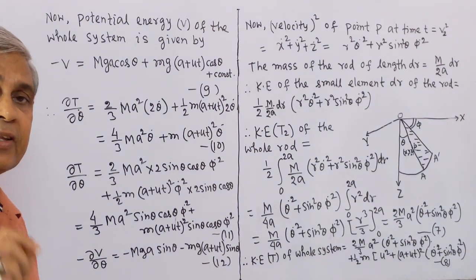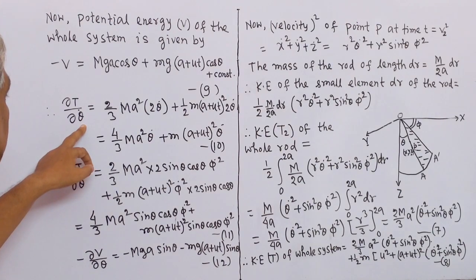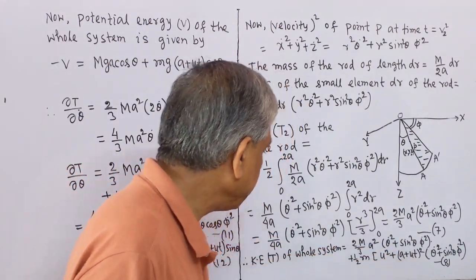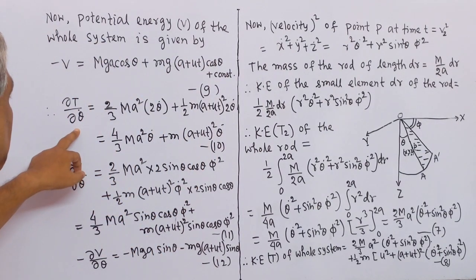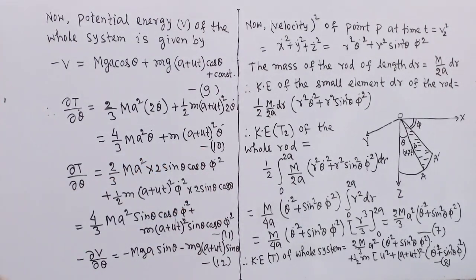Now we take the partial differentiation of T with respect to theta dot. Here T is this in 8, and if we differentiate this with respect to theta dot, we will get equation 10. Similarly, we take the partial differentiation of T with respect to theta.